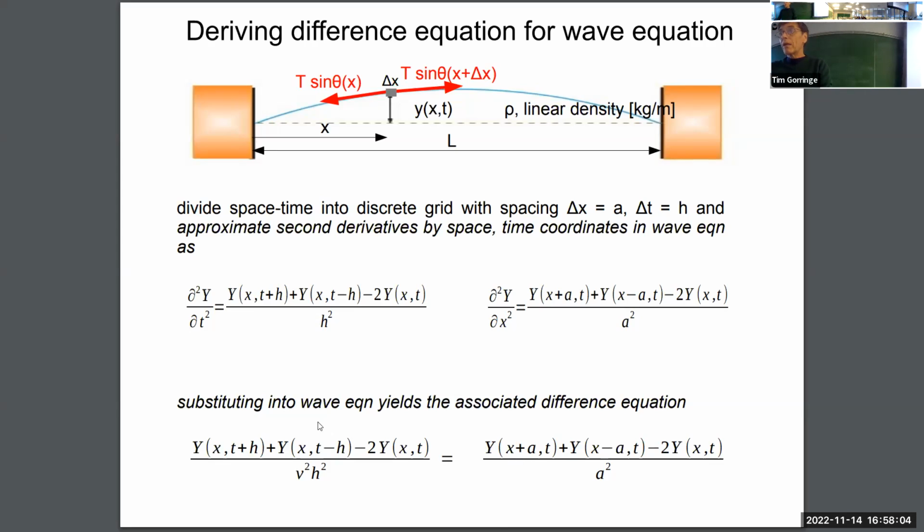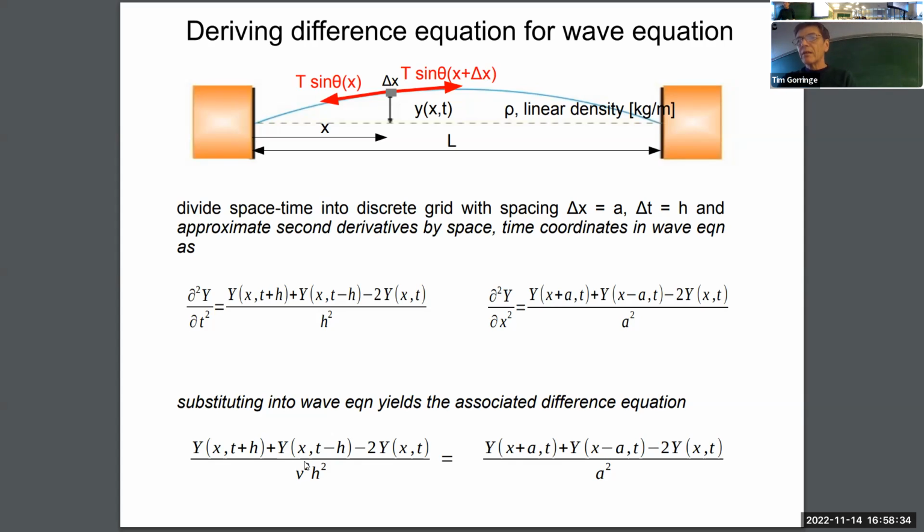When I plug them in to the wave equation, so I plug the second order time differential in downstairs here on the left, second order space differential downstairs over here on the right, we get this little equation here. And remember that the velocity of the wave is sort of a coefficient of proportionality between the space and time dependencies, or space and time second order differentials.